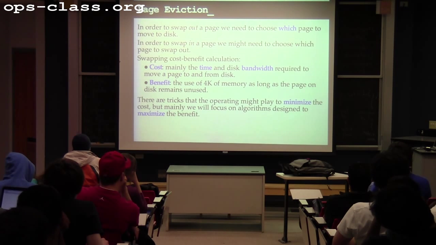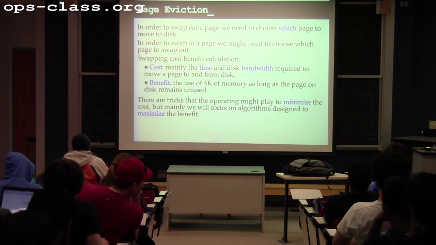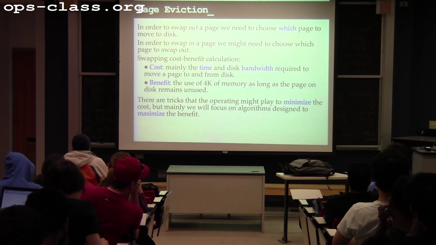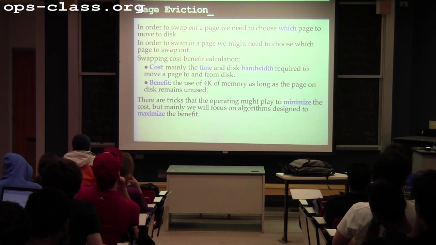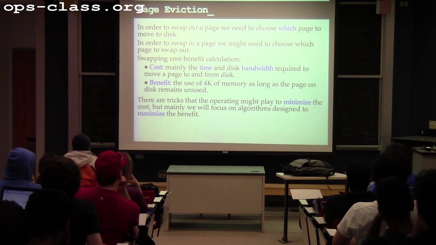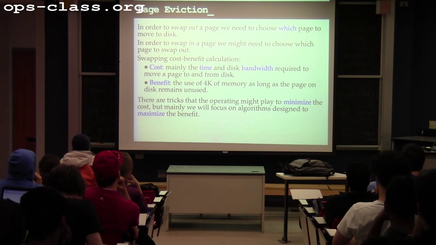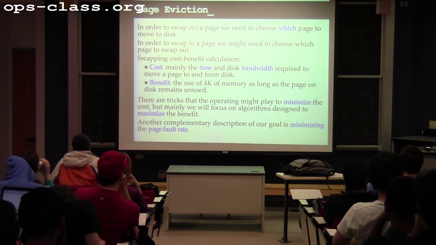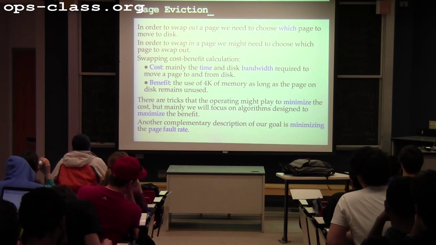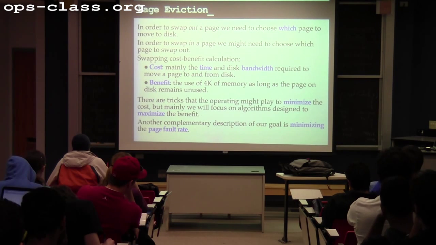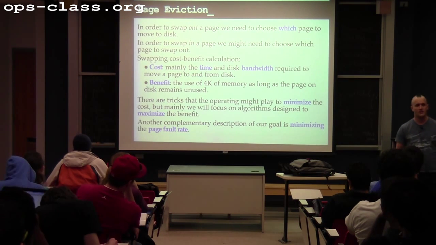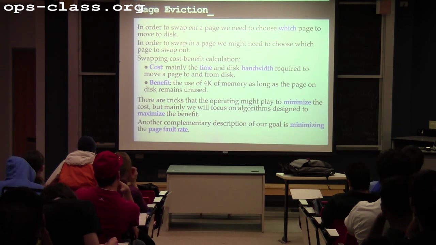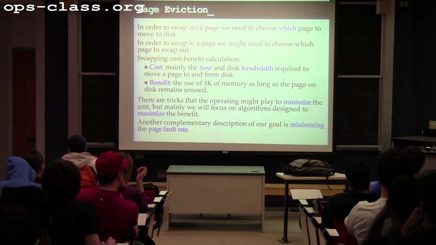And there are these tricks that I can use to minimize the cost. I do batch these operations and try to optimize I/O to the swap file and stuff like that. But today we're going to mainly talk about ways to maximize the benefit, right? So, sometimes when people talk about the performance of these algorithms, they talk about minimizing the page fault rate, right?